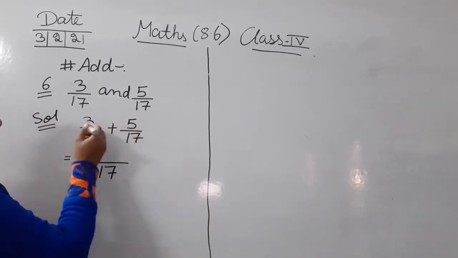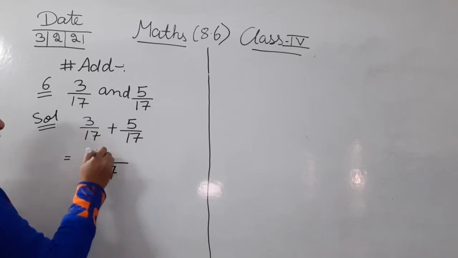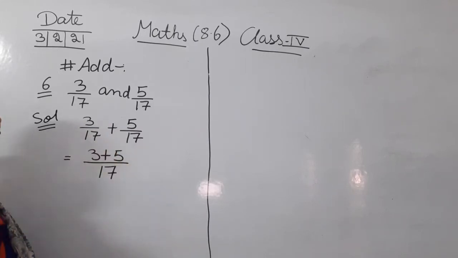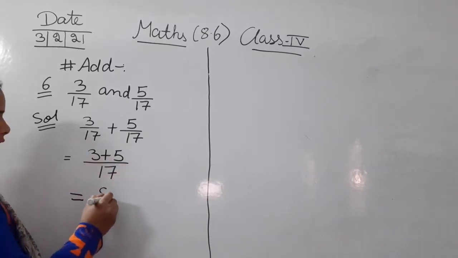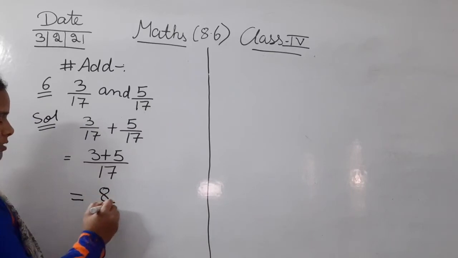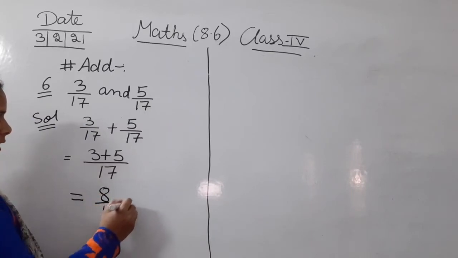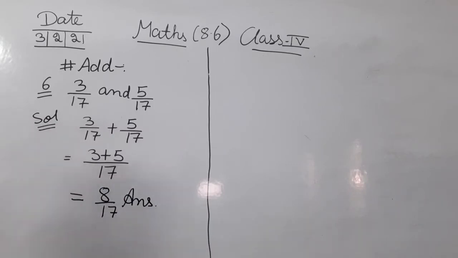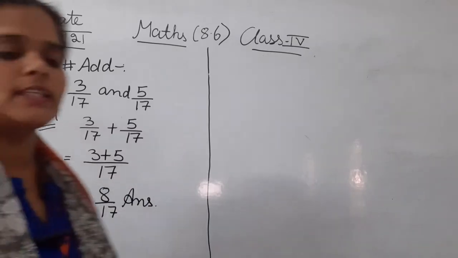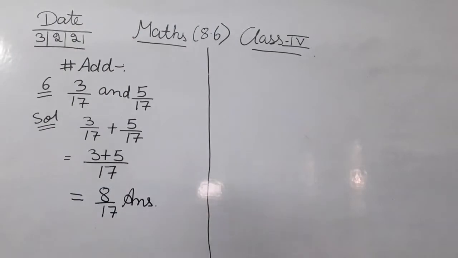Add both these, 3 plus 5. After adding 3 with 5, you will get 8. The denominator is 17. And this is your answer.